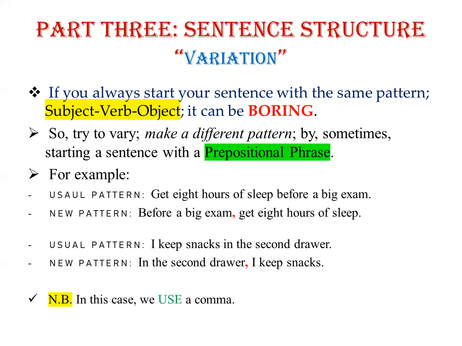But when I make a new pattern, I'm making you expect something. I'm making you wonder what will be next. Such as when I say, before a big exam, comma. In this pattern we use a comma. Before a big exam, what?